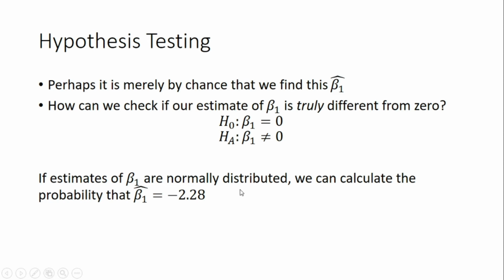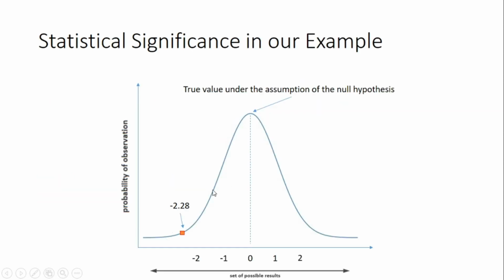So let's look at what I mean by that. Here we have a normal distribution, one of these bell curves. And here we have the null hypothesis that the true value is 0. Because it's the true value, this is what we expect to get most of the time. And if we had the best data available for the biggest sample size, then we are extremely likely to get around here.